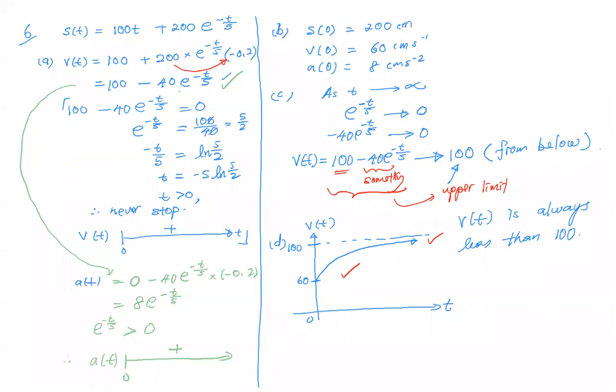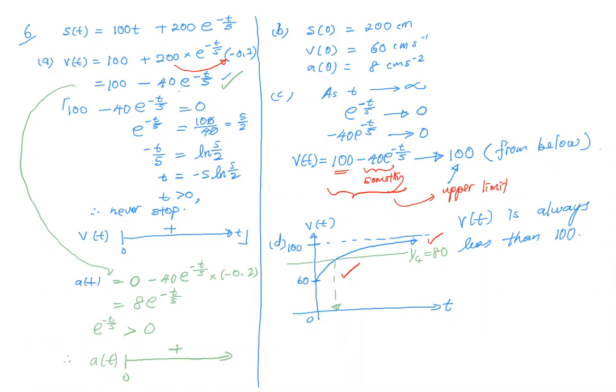Are you okay? So in this case, if I want to find the time when the velocity is 80, I can use 2 methods. I can put my y4 as 80, then find the intersection point.